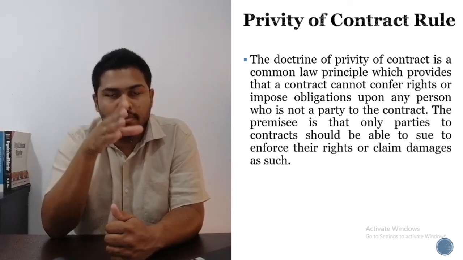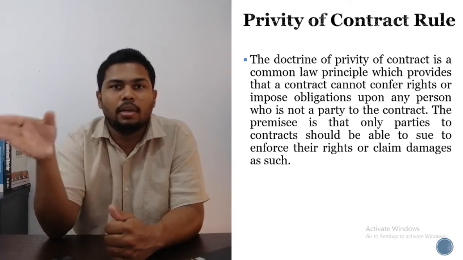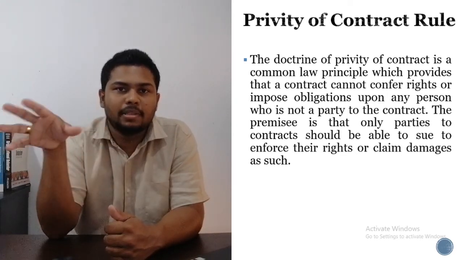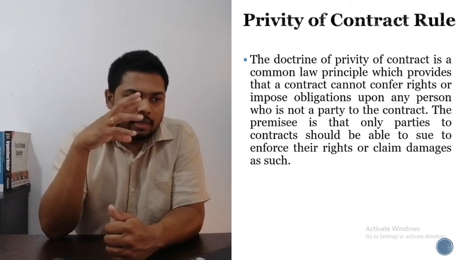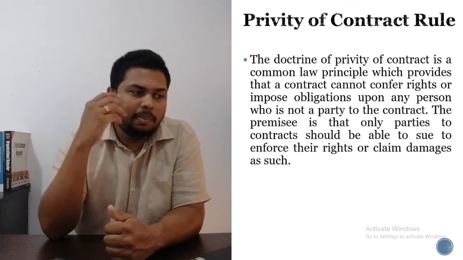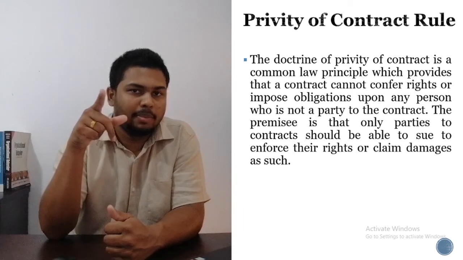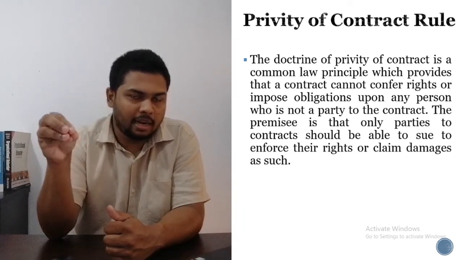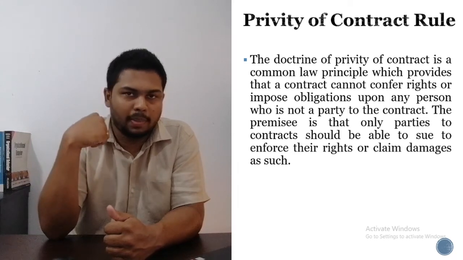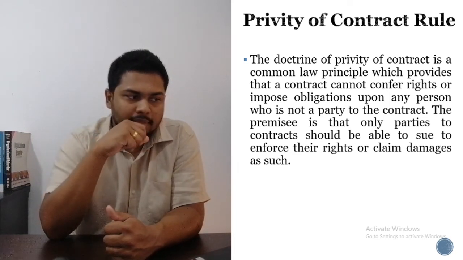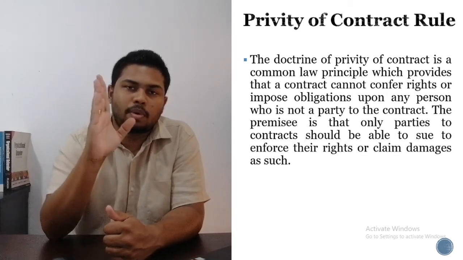So the promisee, the party to the contract, should be able to sue or to enforce. I told you about the demands and things, right? The promisee can enforce against the promisor by demanding performance of the promise, right? So parties to the contract should be able to sue or to enforce over the promisor.